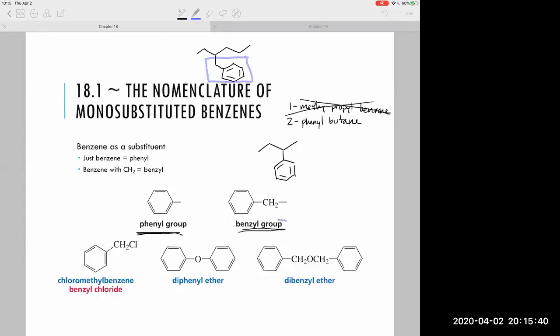All right, so again, this is now an example of a benzyl group. Oh, this might have been a good example. Oh no, we're good. This is 3-benzyl hexane.